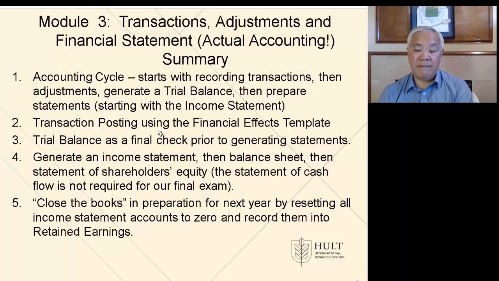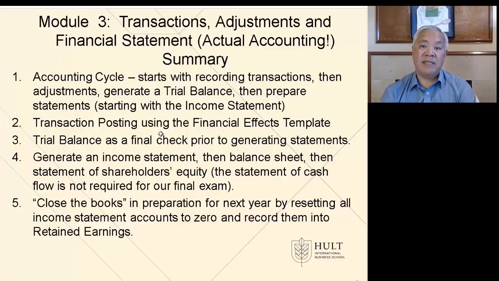Mod 3, we have finished transactions, and we looked at the accounting cycle, which goes through beginning balance, transactions, adjustments, trial balance, statements, closing, and then over and over again. We also did some work on transactions. We looked at a very simple example of like 5 or 6 transactions.